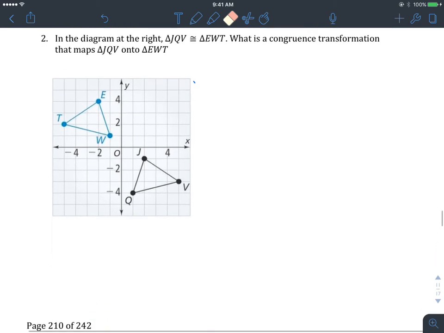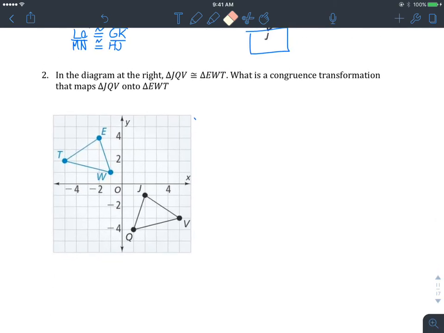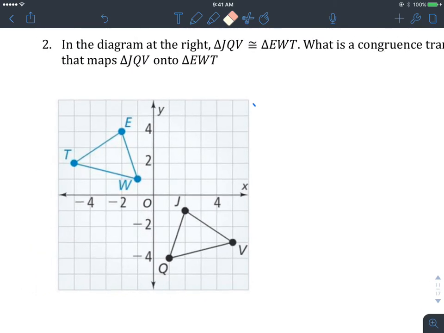All right, this next one right here, we're going to figure out what goes with what. In the diagram to the right, triangle JQV is congruent to triangle EWT. What is the congruence transformation that maps JQV onto EWT? All right, what do I need to double check to see if the orientation changes here?